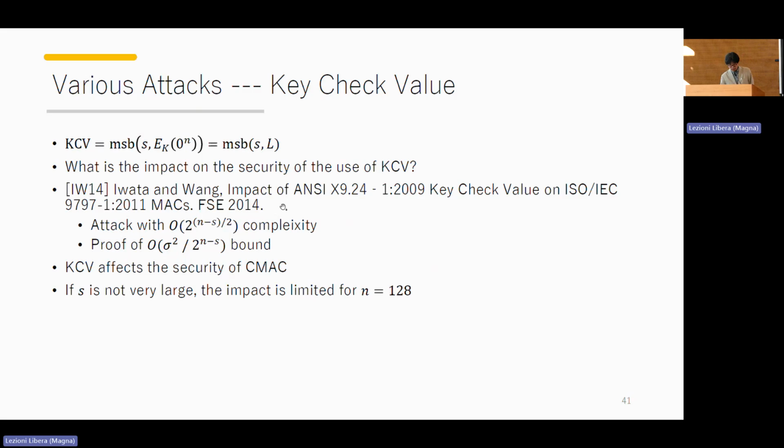So at FSE 2014, we came up with an attack with this complexity that depends on the length of the key check value. And we could also prove that the attack is the best one. So the key check value affects the security of CMAC. But if the length of the key check value is not very large, perhaps it can be used in practice for 128-bit block ciphers.